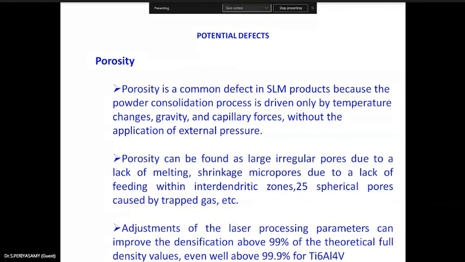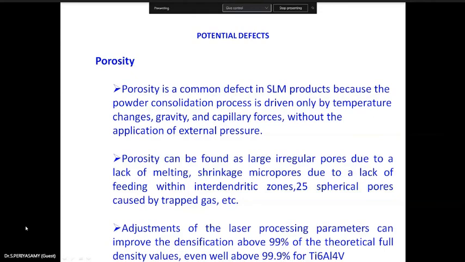So here, a unique monitoring system is installed on the SLM machine, developed in-house. In this research industry, they use their own tools to monitor the SLM process. The images are continuously taken to identify what happened in each process, each second. Here is a typical melt pool image during the process.